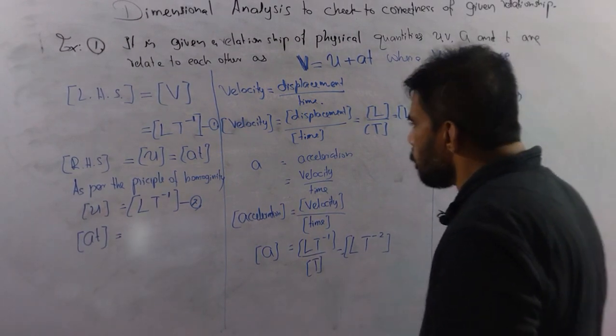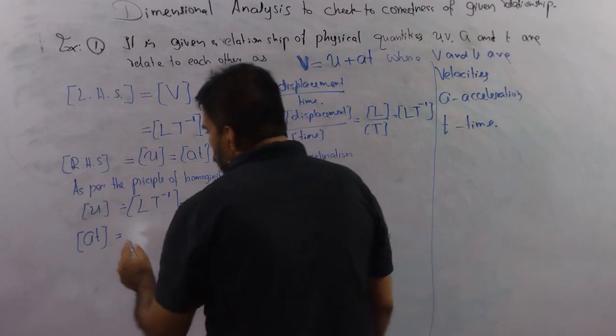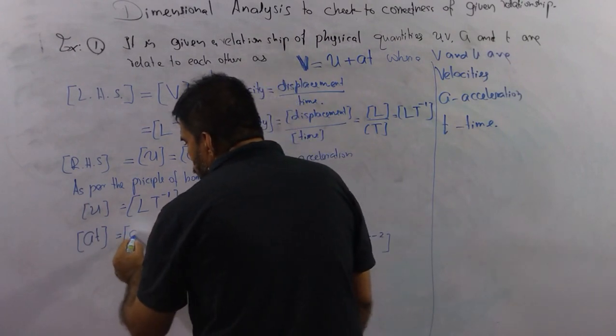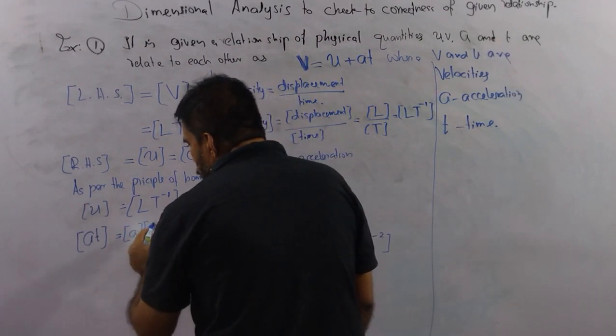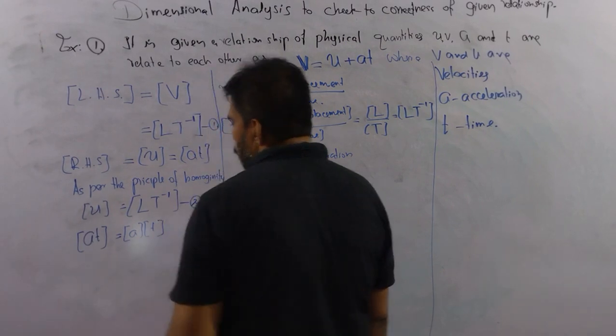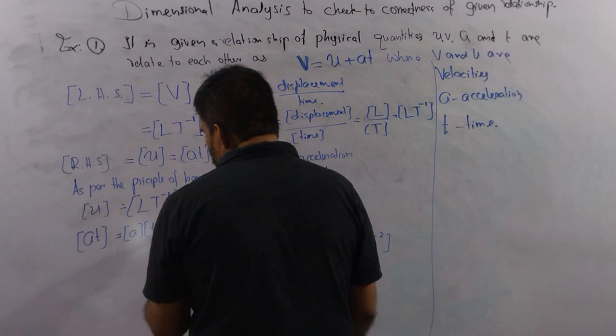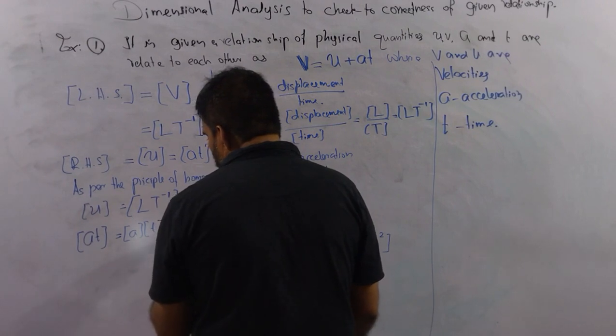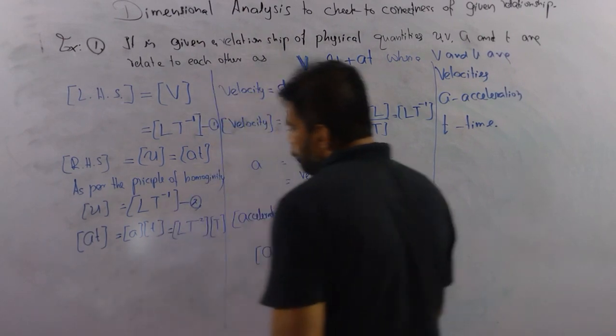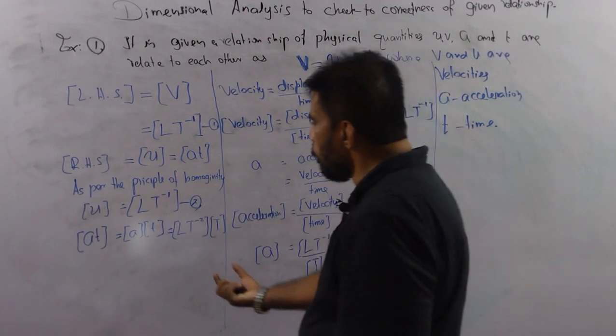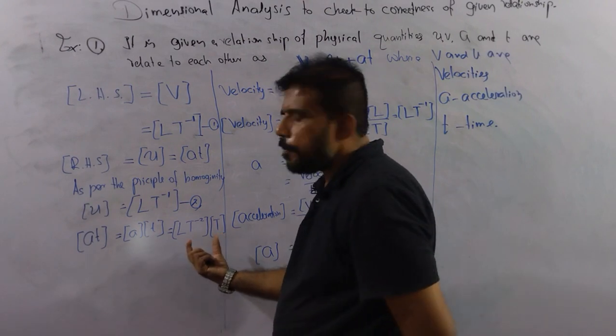Then I can write this as A's dimension times T's dimension. A's dimension is L T minus 2, and T is time, its dimension is T. This is multiplication.